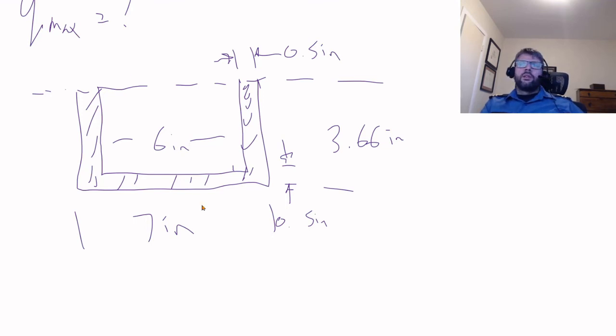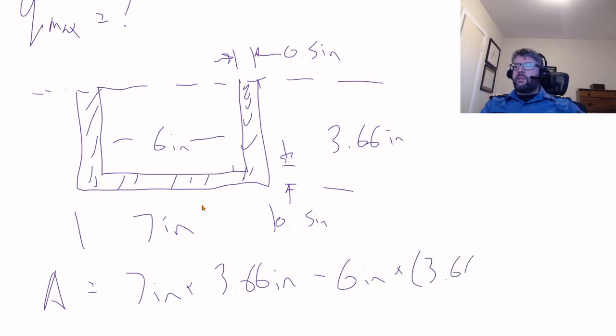So the area for that cross section segment is fairly simple to calculate. The area there is 7 inches times 3.66 inches minus 6 inches times 3.66 minus 0.5 inches.